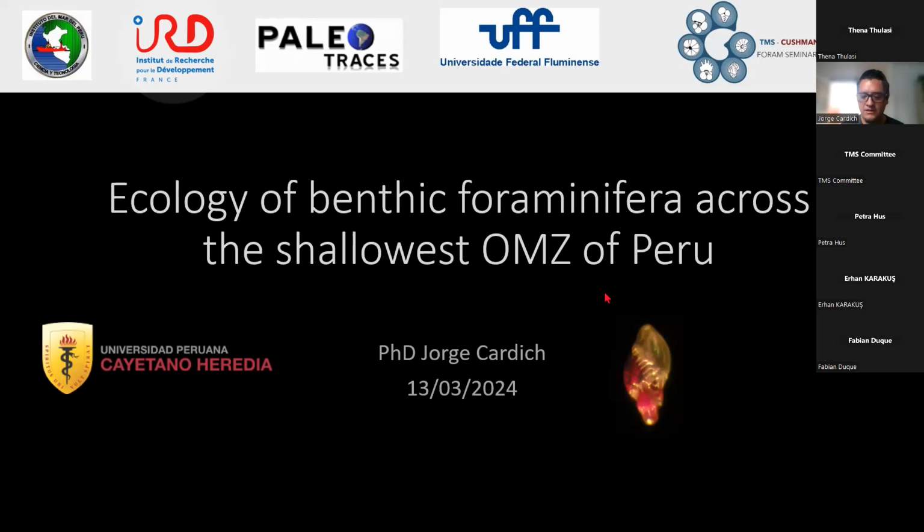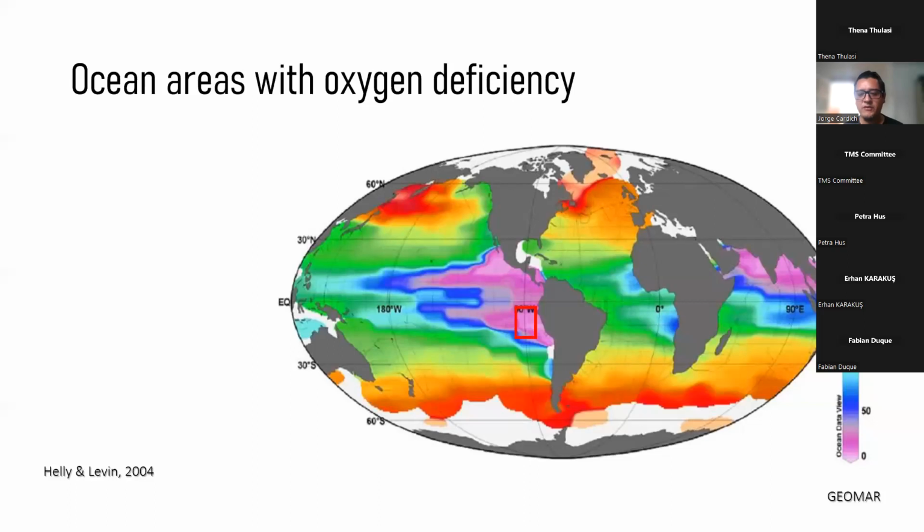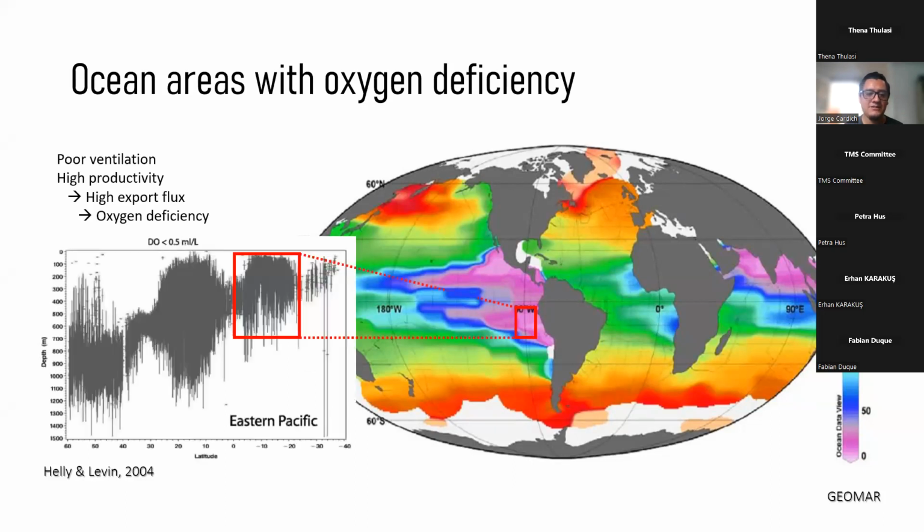So I want to begin by defining very quickly what an OMZ is. OMZ stands for Oxygen Minimum Zone. Many of you might know what an OMZ is, but just a broad definition is that it's a marine area with oxygen deficiency, and it generates from a combination of poor ventilation and high productivity.